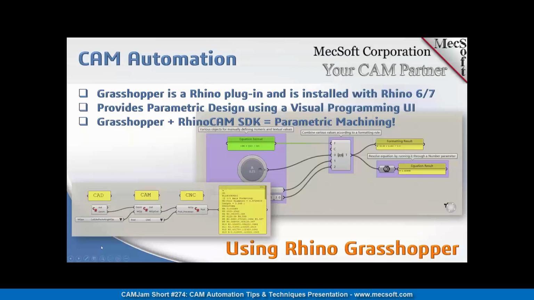And then on top of that, using the Grasshopper components that leverage our RhinoCAM SDK, you can end up with parametric machining, depending on how your design process is set up. So we'll talk a little bit about that. We won't get too deep into it, but we will talk a little bit about that in our demo. So, all right, Don.